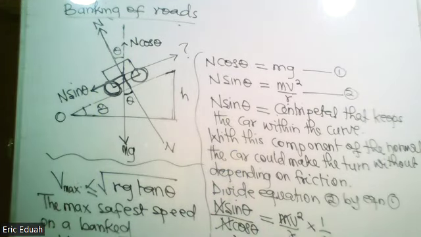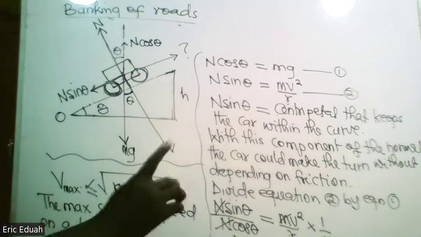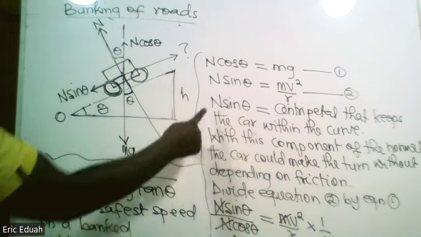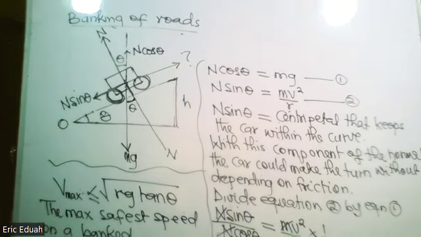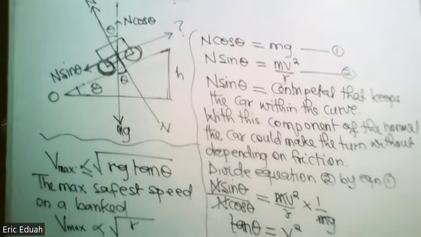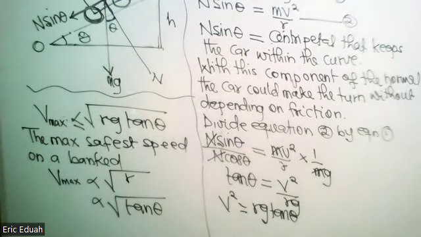And when the road is icy, it is only the n sin theta that provides the centripetal force. Please, is that okay? Yes, please.